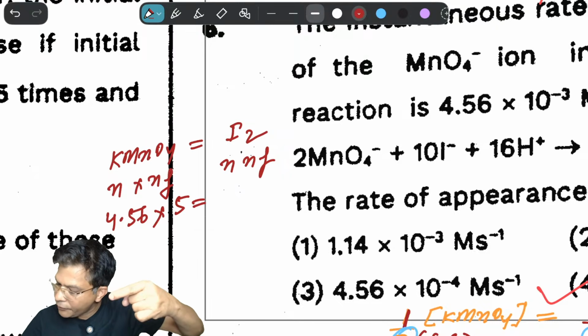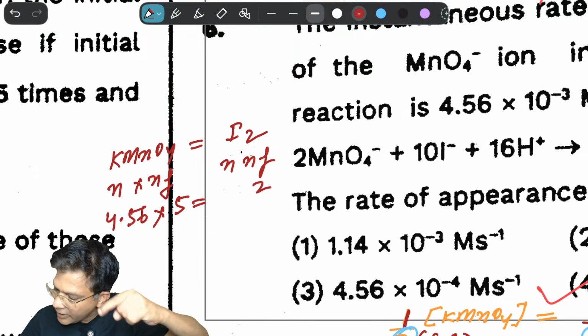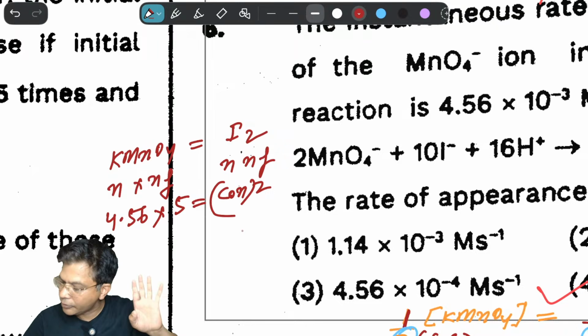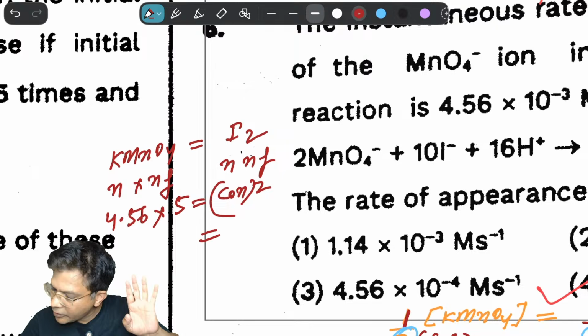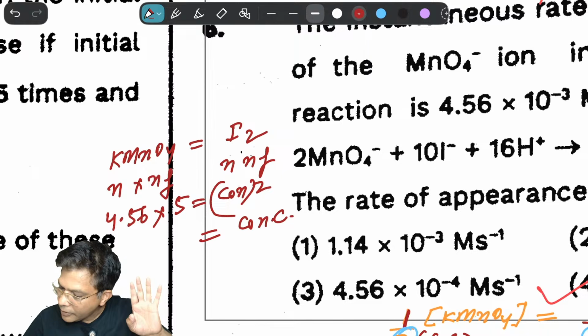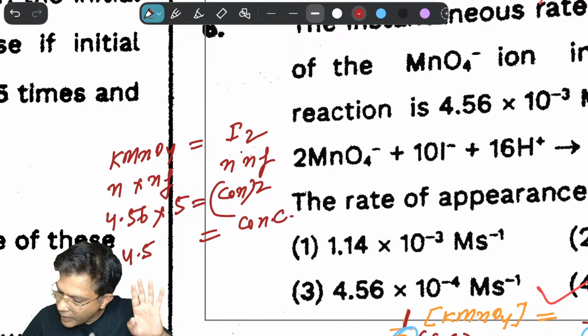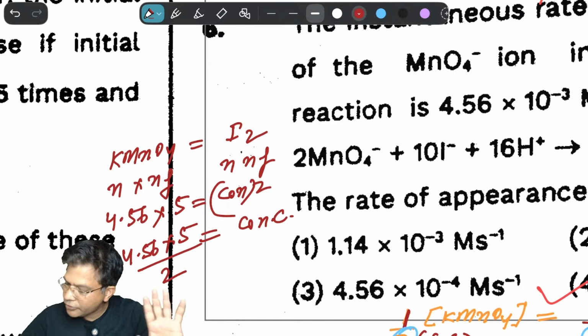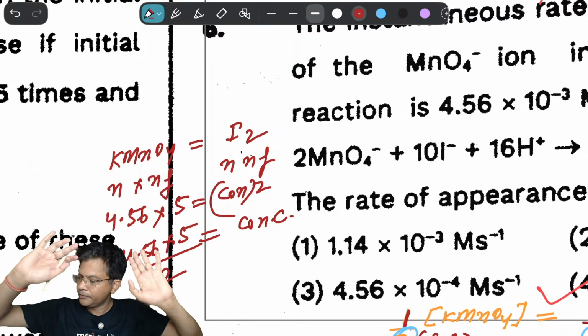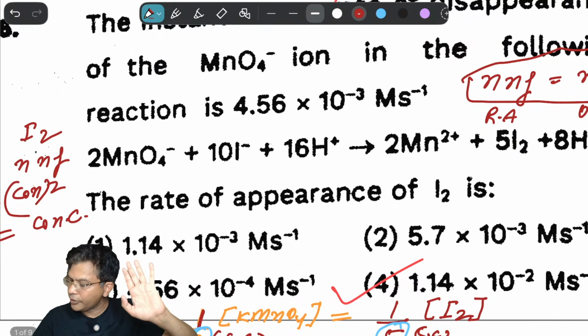So the concentration of I2 will be equal to 4.56 into 5 divided by 2. Just you have to divide by 2. Just you are supposed to divide by 2.